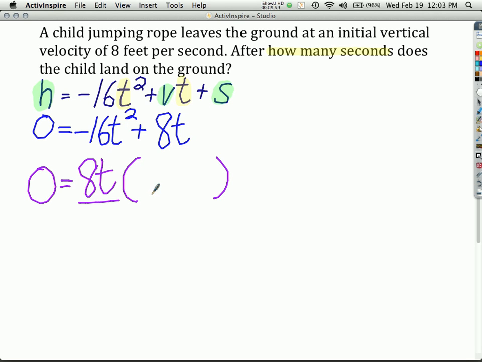Now I need the inside. 8t times what will give me negative 16t squared? Negative 8t plus 8t will give me 0. I need what's going to... This times this will give me this.